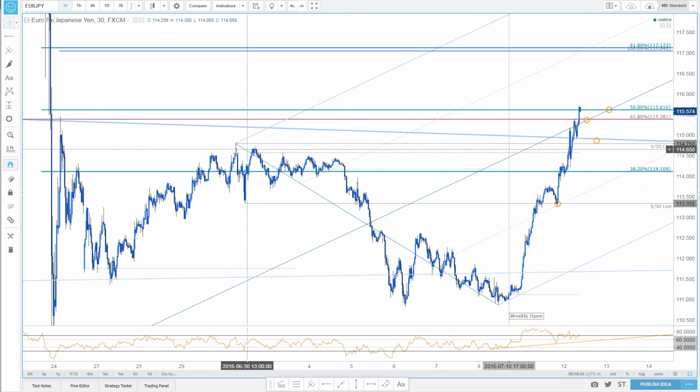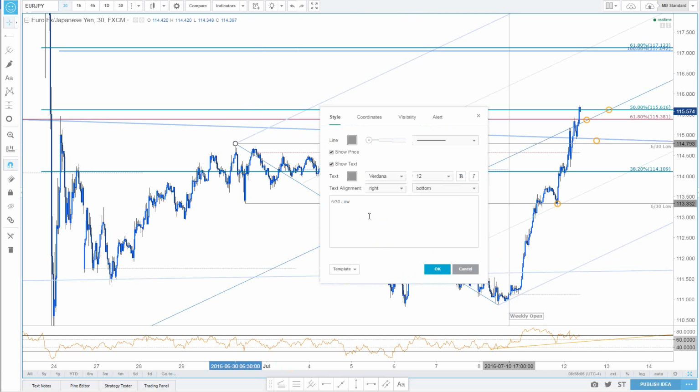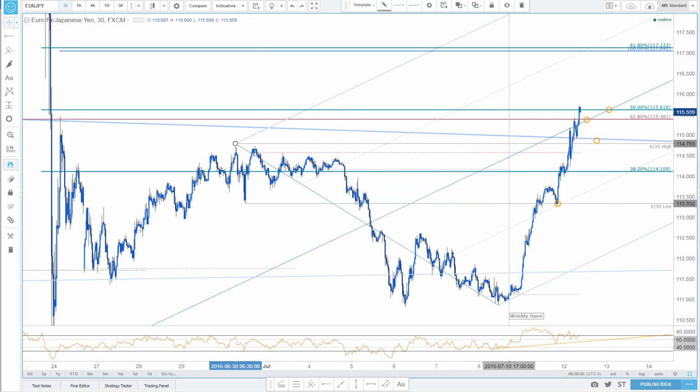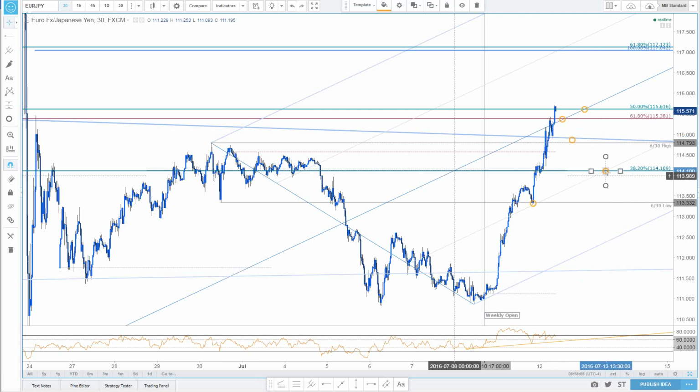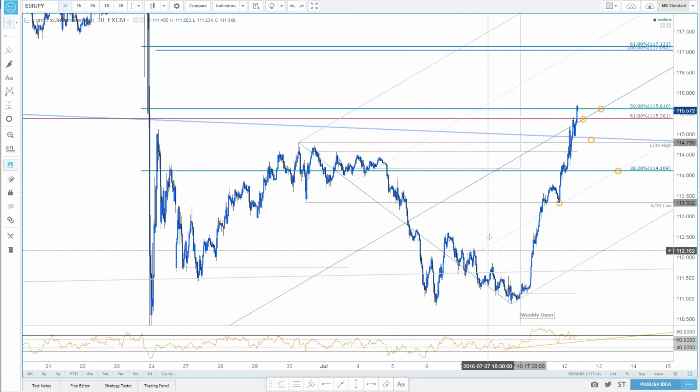This is the 630 high. More importantly, this region, the basic 50 line, which we caught support at already last night.